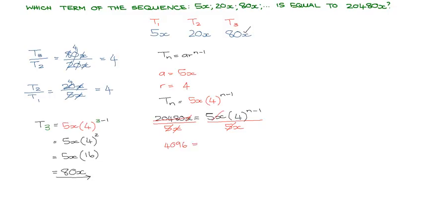Wicked. So we have 4,096 equal to 4 to the power of n minus 1. Notice I've thrown all the brackets away because there's nothing else being influenced. Without them there, it actually looks a little bit neater. So now we have 4,096 as our left-hand side.